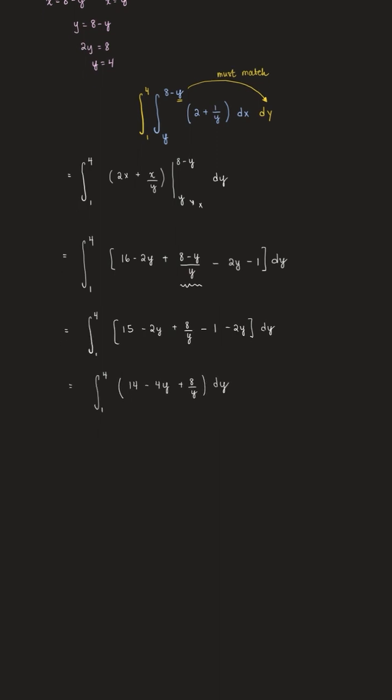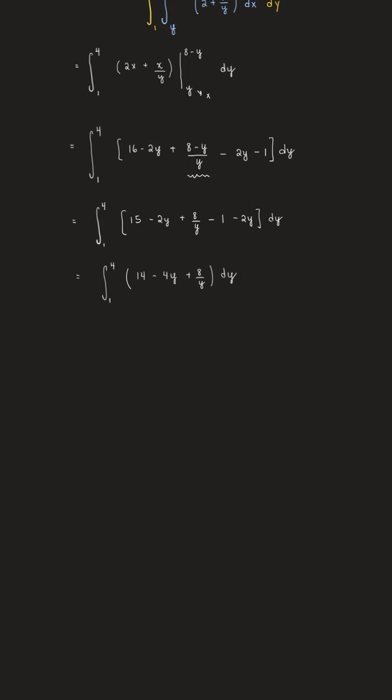Now we can integrate with respect to y. That's going to give us 14y minus 4y squared over 2, so minus 2y squared. And this is a logarithmic function, 8 natural log absolute value of y, although we won't need the absolute value because we're dealing with positive y's, from 1 to 4. When we put 4 in, 4 times 14 is 56.